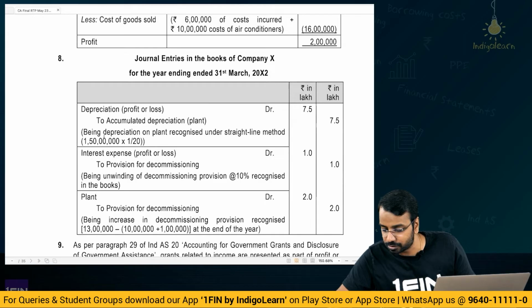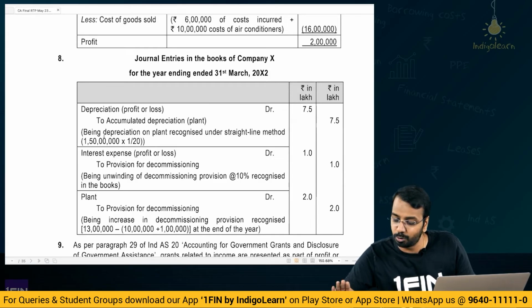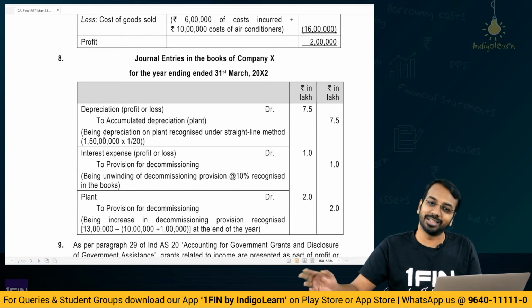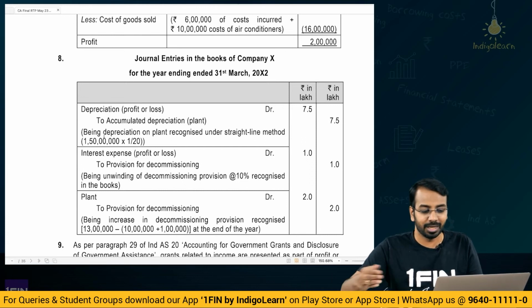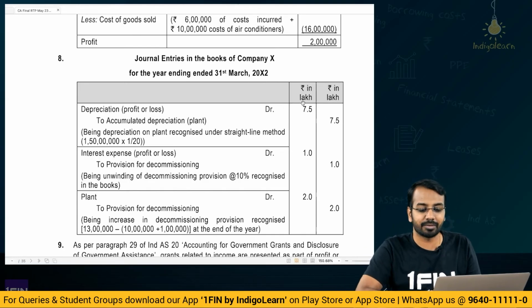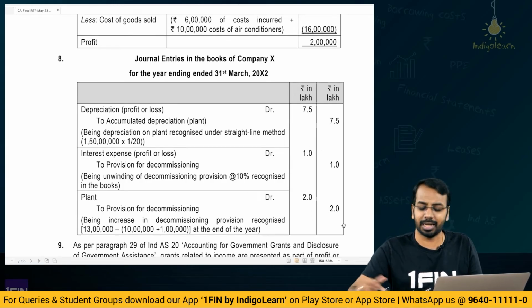The estimated useful life is 20 years. Initial carrying amount included 10 lakhs. So, don't go ahead and add 10 lakhs again. Okay, that is included in it. So, 1.5 crores and a useful life of how much? 20 years. So, 1.5 divided by 20, 7.5 lakhs. Interest expense to provision 1 lakh, and the extra provision, PPE to provision for decommissioning, 2 lakhs each, right. Simple.